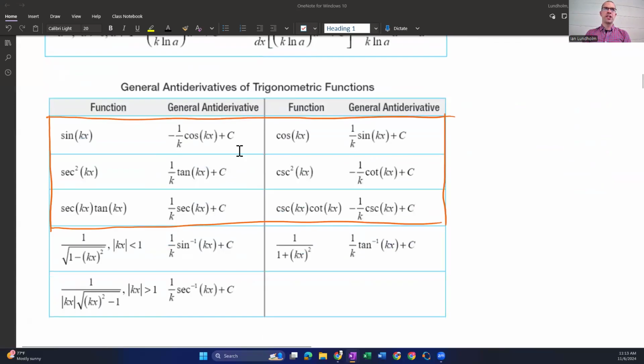Here are some more functions. I highlighted these ones because the basic functions are the ones that I'm most interested in. So these 6, which are the sine, cosine, secant, cosecant, tangent, cotangent, those ones are probably the most important. These inverse trig functions are cool.